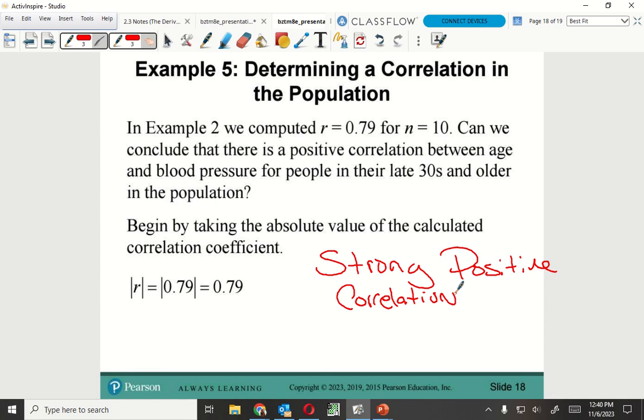And we got that for having an R value of 0.79. If it was negative, that would be a strong negative correlation, right? For my R value. Does that make sense? Hopefully. Are you good there? Maybe. Good.